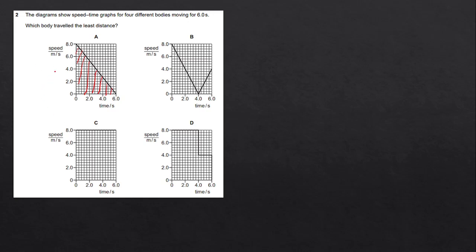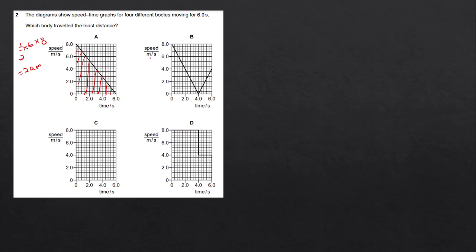Let's look at the first one. So this is a triangle. The area of this triangle is given by half times base times height. So it is half times 6 times 8. Half times 6 is 3, 3 times 8 is 24. 24 meters is the distance traveled in the first graph.